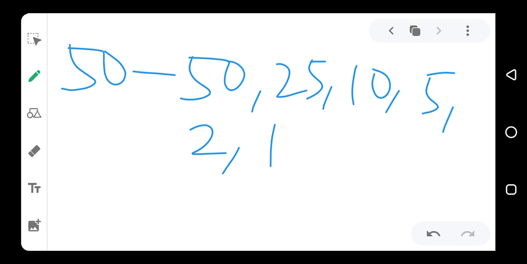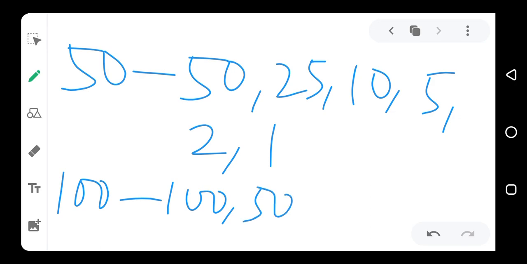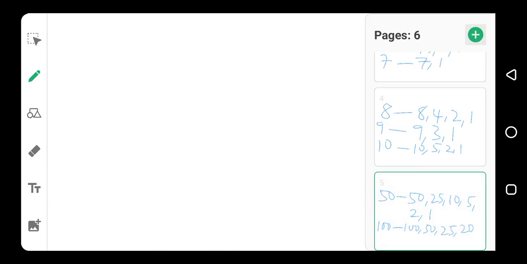Now let's look at 100. 100 can divide itself. 50 can divide 100, and we get 2. 25 can divide 100, and we get 4. 20 can divide 100, and we get 5. 10 can divide 100 and we get 10. 5 can divide 100. 4 can divide 100. 2 can divide 100.